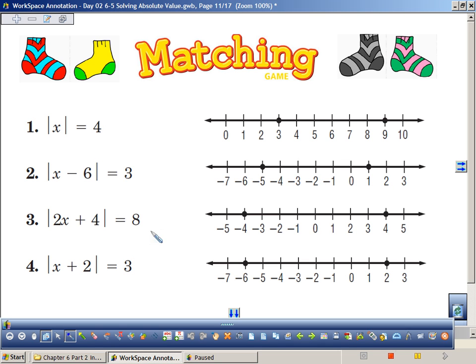Let's do this matching. Somebody come up and do this matching for me. Just by looking at each one of these absolute value equations, tell me which one of them matches one on the right. Come on, quickly. Come do it. Thank you, Alex.